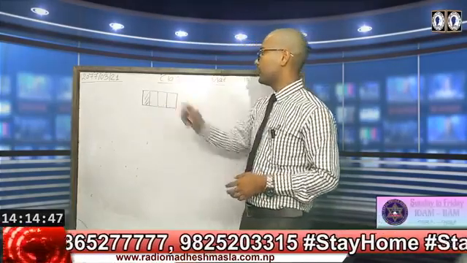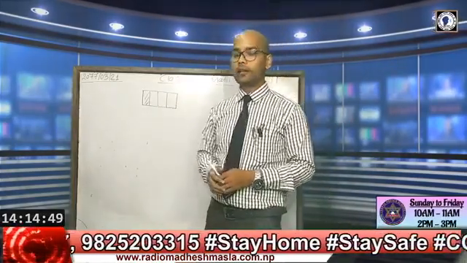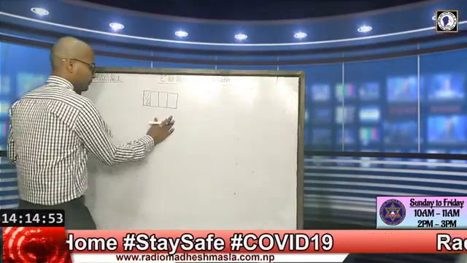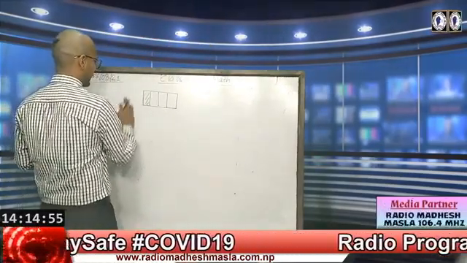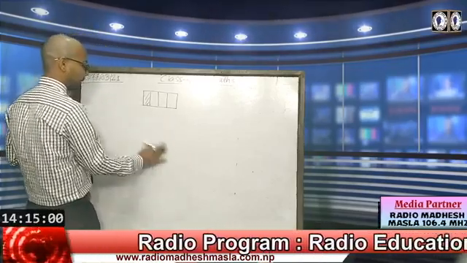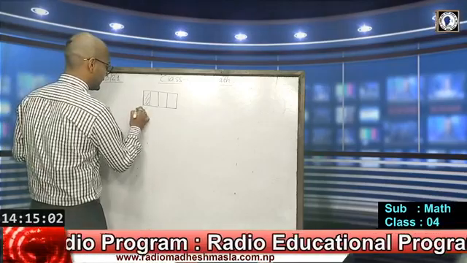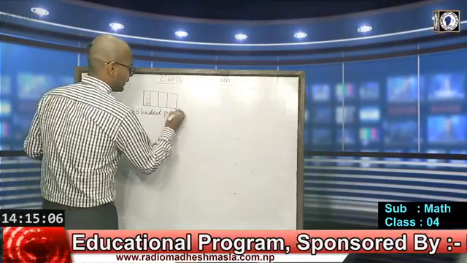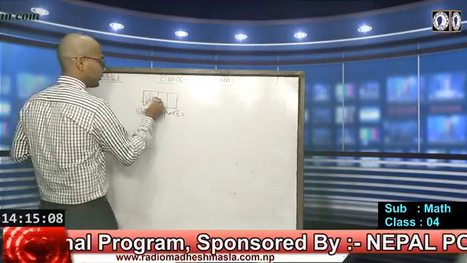of the shaded region or non-shaded region. At that time, first we have to count the shaded part and the non-shaded part. How many shaded parts are there? The shaded part is 1.